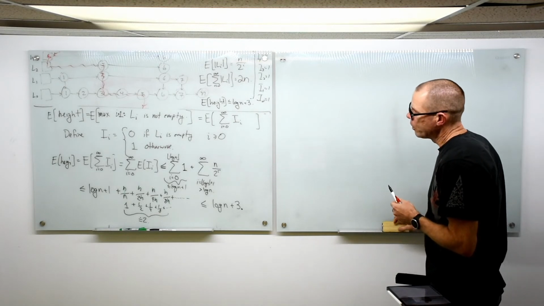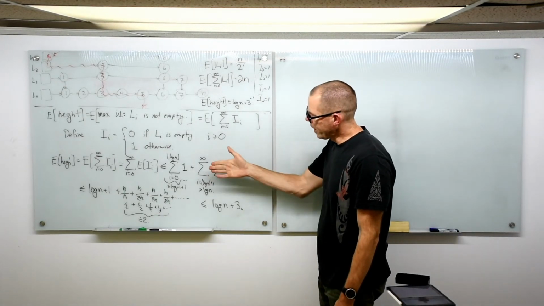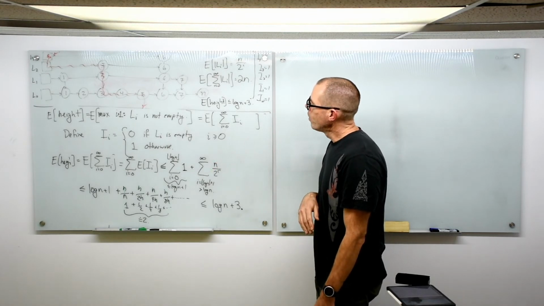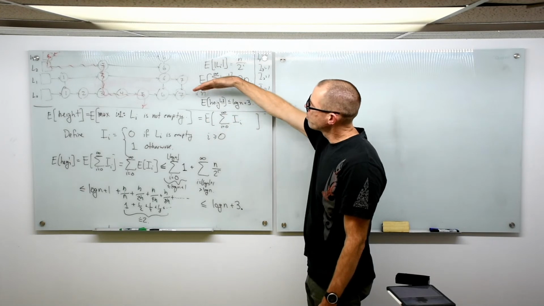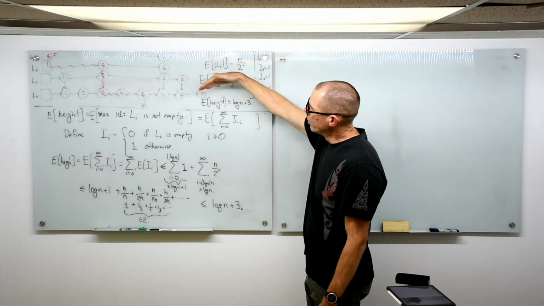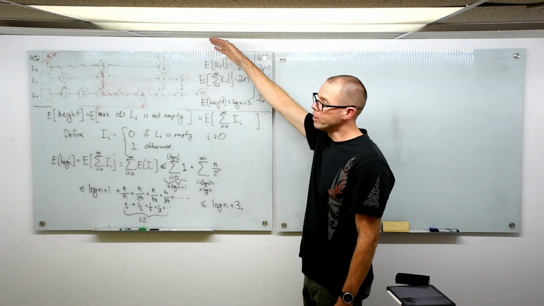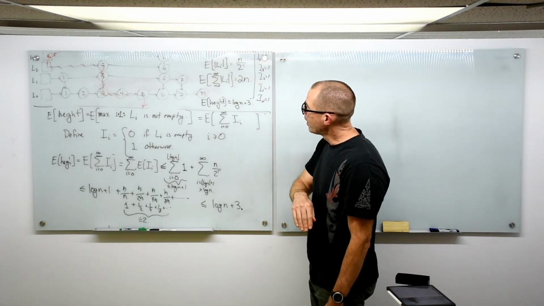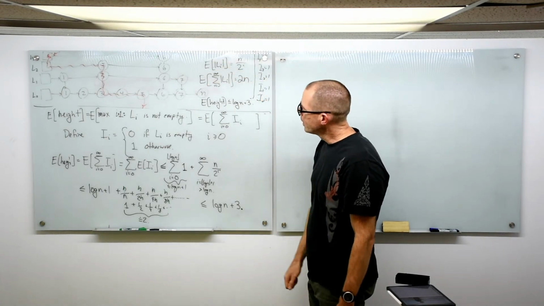The moral of this, at least, is, well, if we want to know the height, we just express it by adding up a bunch of 1s and 0s, where it's 1 if the list has something in it and 0 if it's empty.